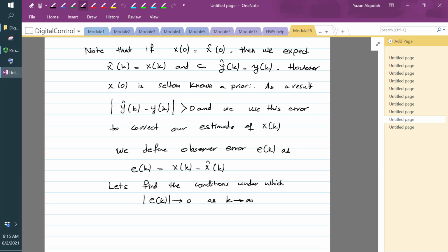Now, if x of 0 is equal to x tilde of 0, then we expect that x tilde of k is going to equal x of k.